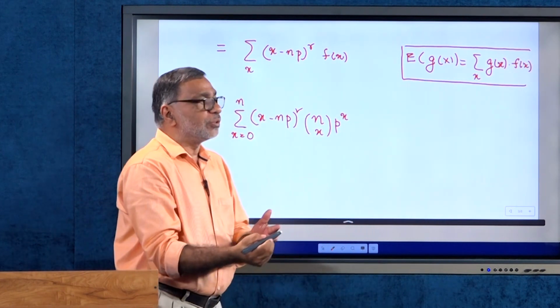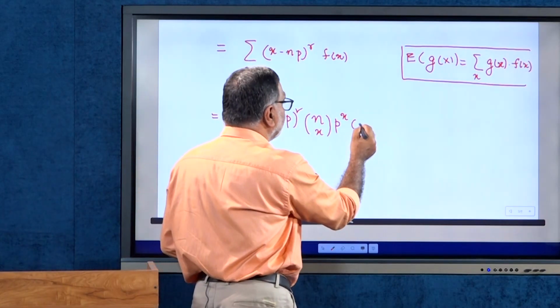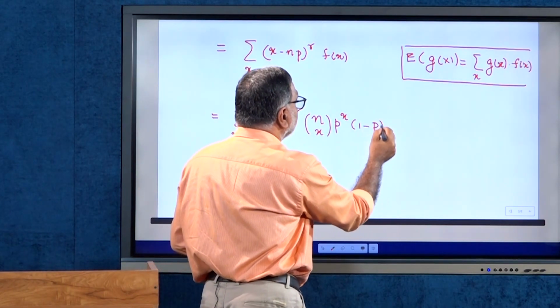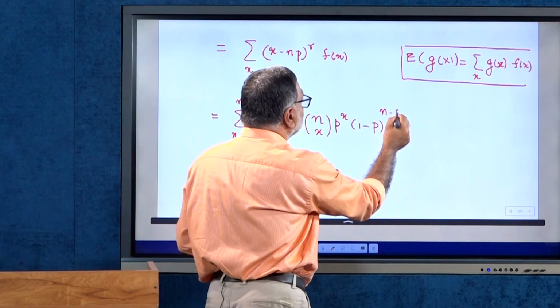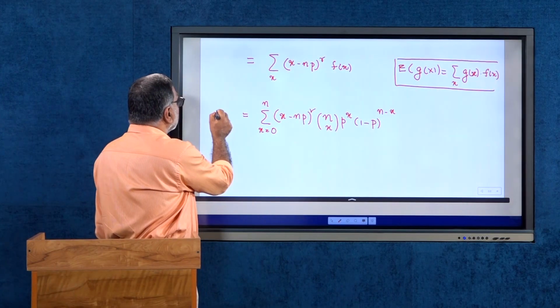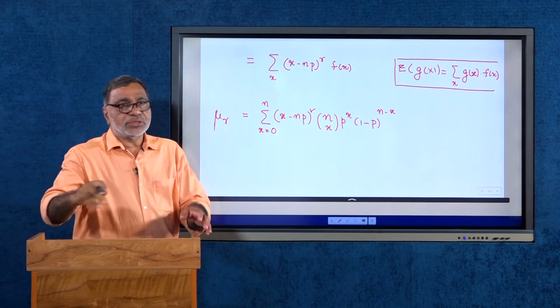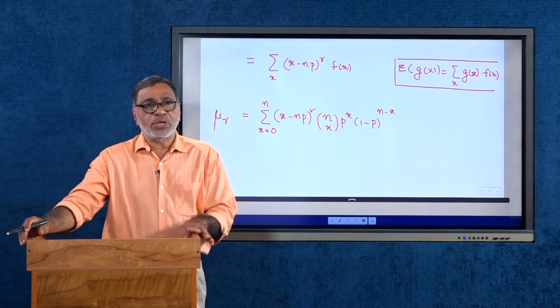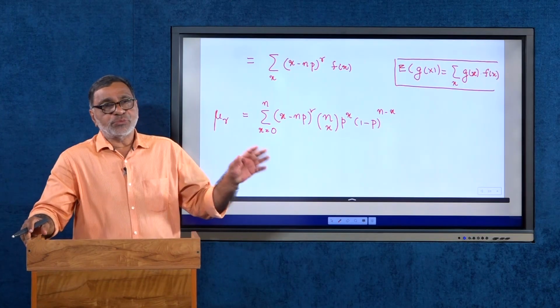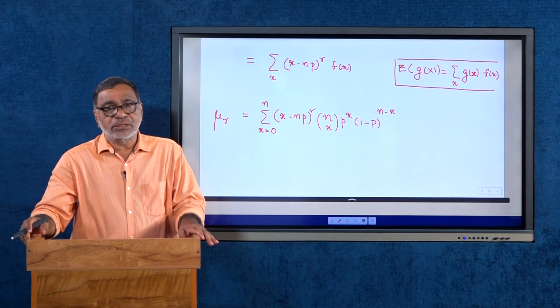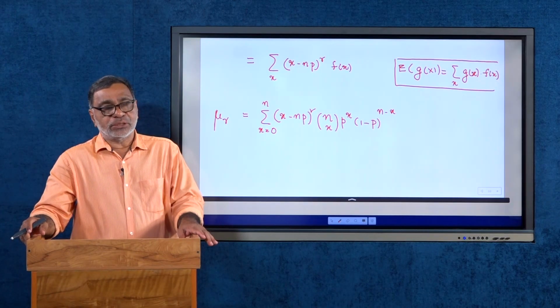Instead of q, let me write it as 1 minus p itself, n minus x. So, this is our rth central moment: mu r is equal to sigma x is equal to 0 to n, x minus np power r nCx p power x 1 minus p all power n minus x.